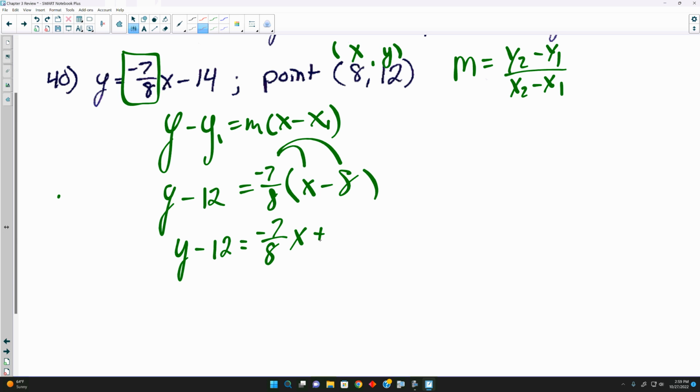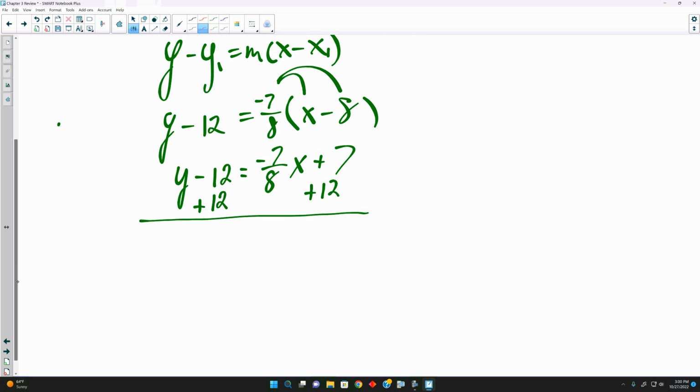And you can plug it into a calculator, negative 7/8 times negative 8, and it'll give you the answer as plus 7, yes? And last but not least, since 12 is negative, we would add it. And it'll tell us that we have y is equal to negative 7/8 x plus 19.